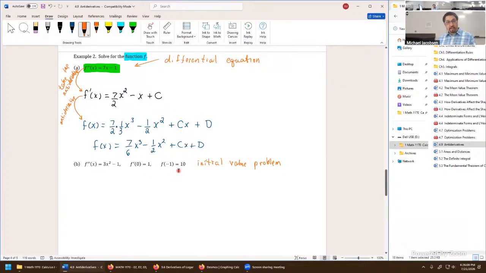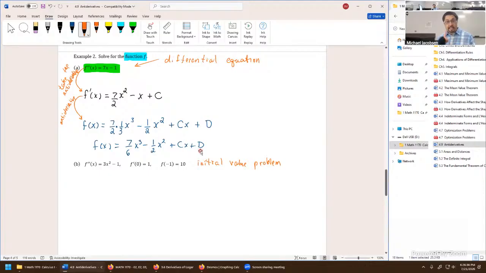The thing about the initial value problems is sometimes when we're solving an application, we don't want infinitely many functions like we did in part A. Sometimes we have stipulations on what the function has to do. So what this is going to do, f prime at 0 is 1, is solve for the constant, say, c. It'll tell us exactly what it is. F at negative 1 equals 10 will solve for the constant d.